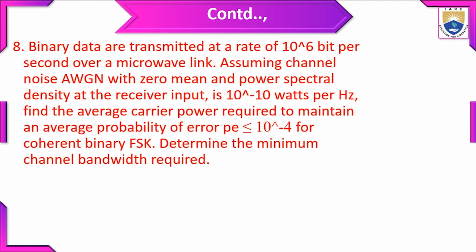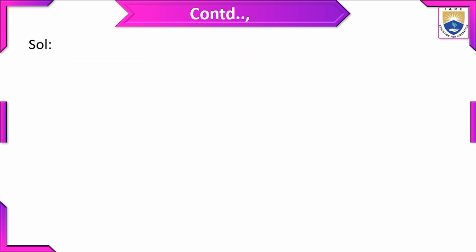So this problem is also regarding FSK. Here also some data is given. By using the data and the required formula for probability of error for FSK, we go on to solve. So first, the probability of error of FSK.